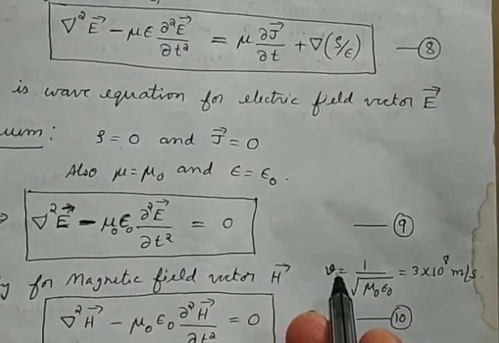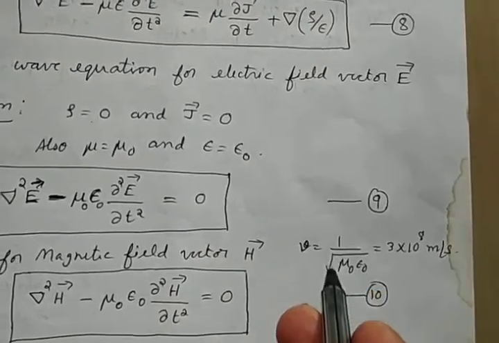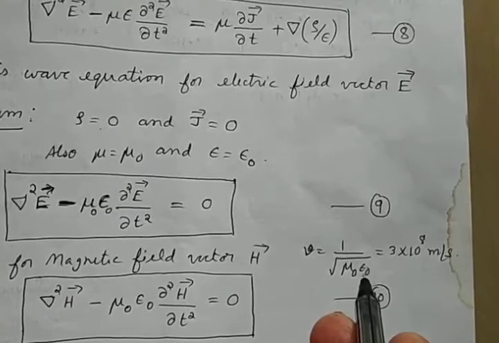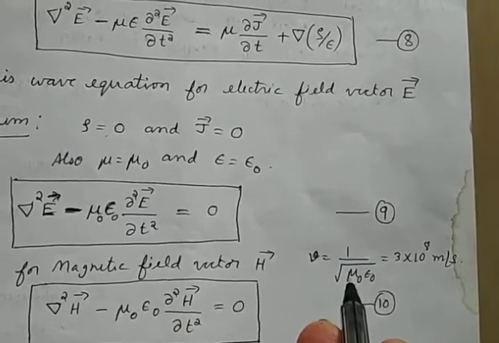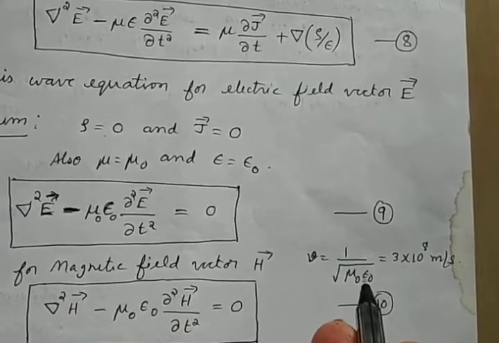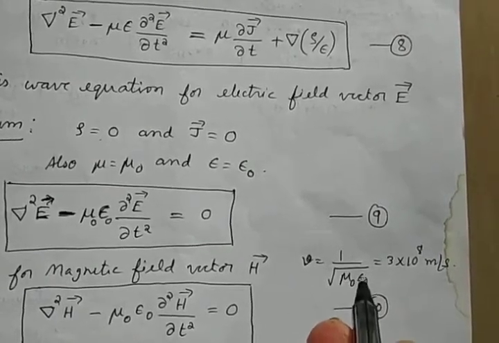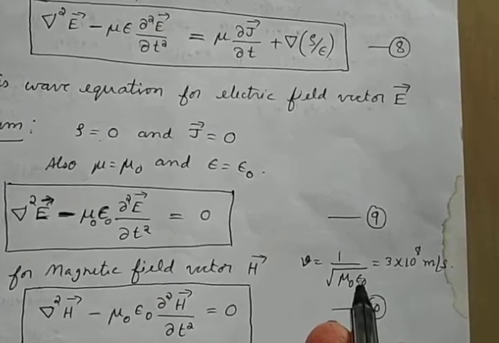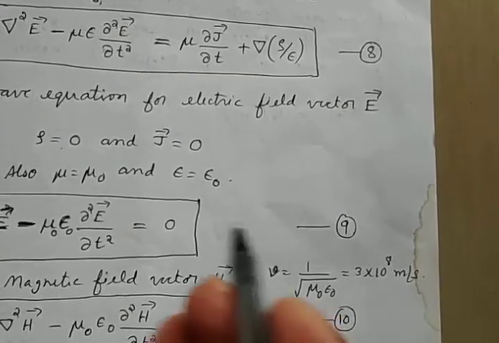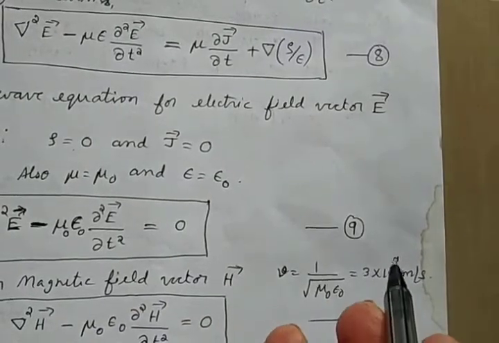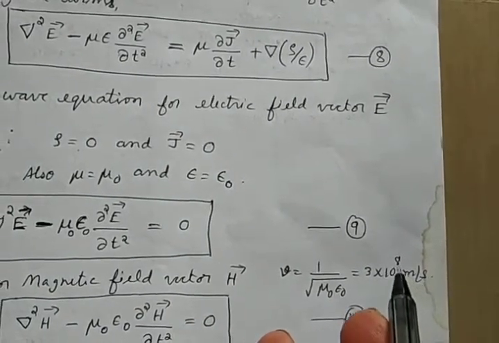So mu naught and epsilon naught are constants. We know that mu naught is permeability and epsilon naught is permittivity of vacuum. If we substitute these constants and calculate, we get the velocity of the electric wave as 3 into 10 power 8 meter per second.